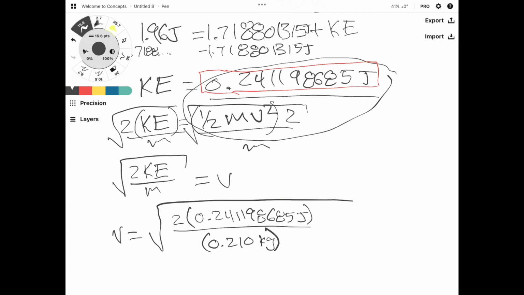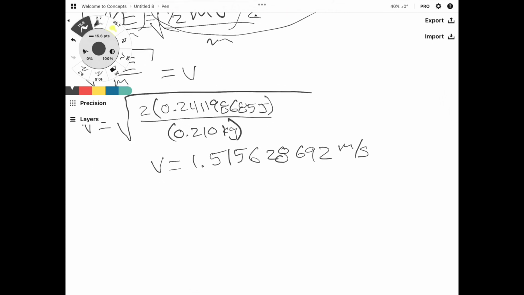Doing this in my calculator, I find that my velocity is equal to 1.515628692 meters per second, or if I round to 3 significant figures, 1.52 meters per second.